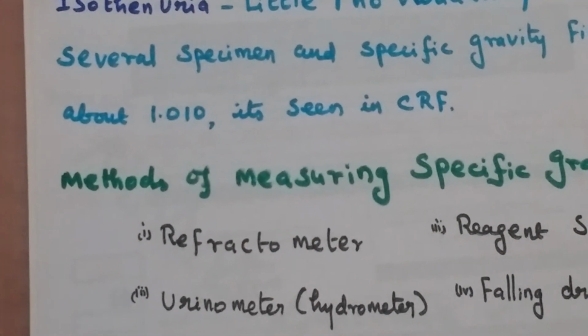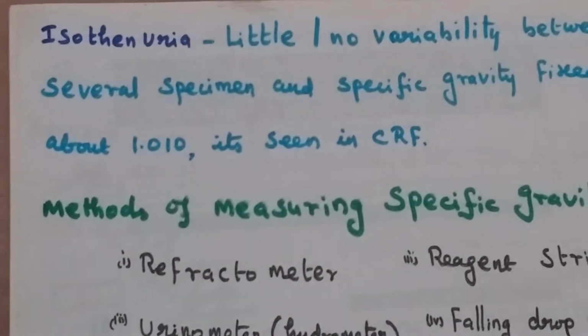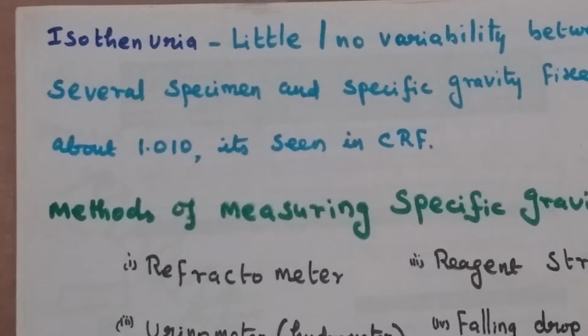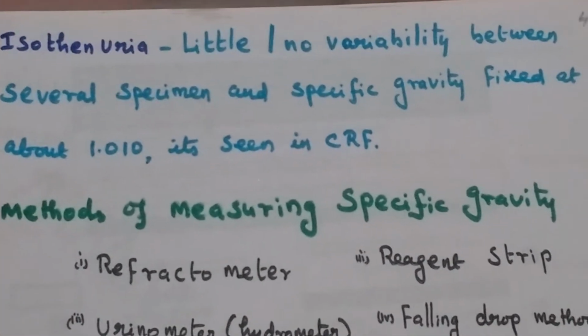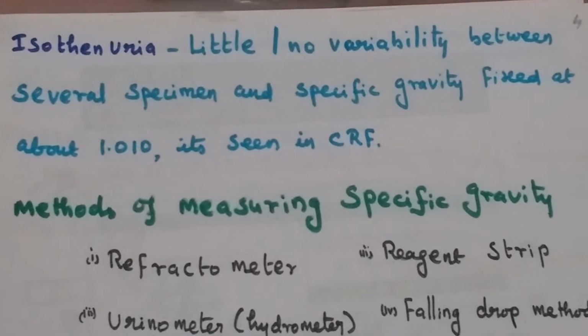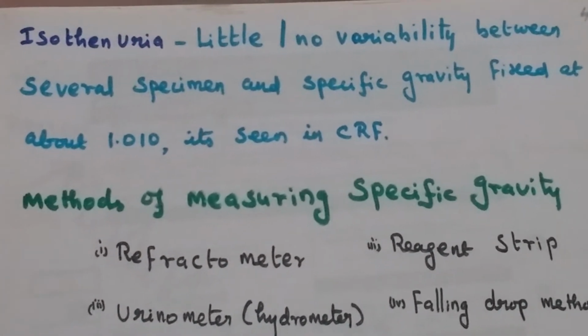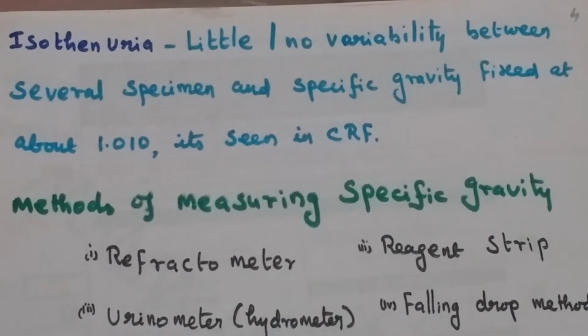Now going to see about the specific gravity known as isosthenuria. There is little or no variability between several specimens, and the specific gravity is fixed at about 1.010.